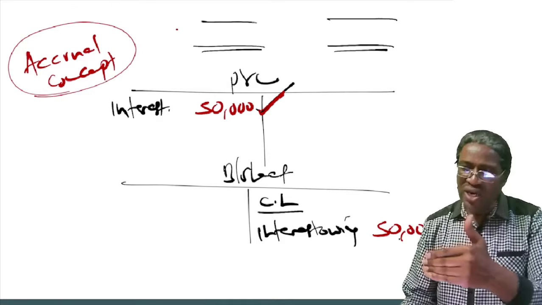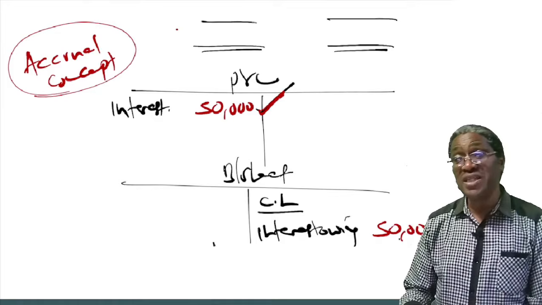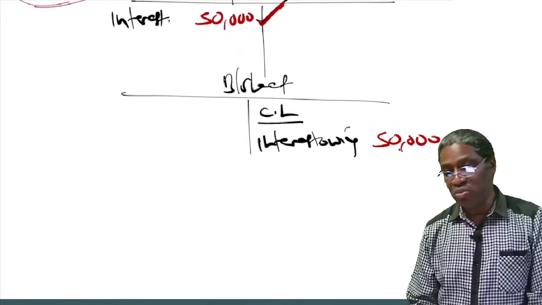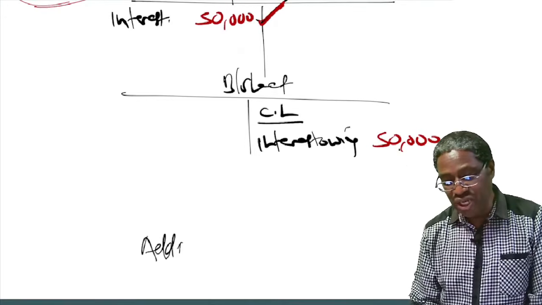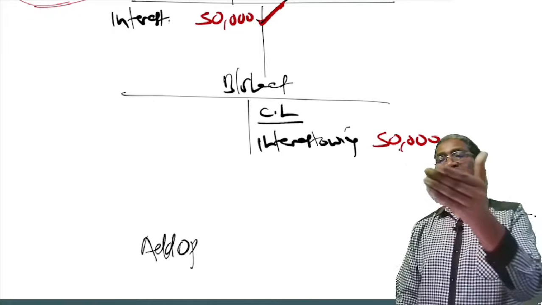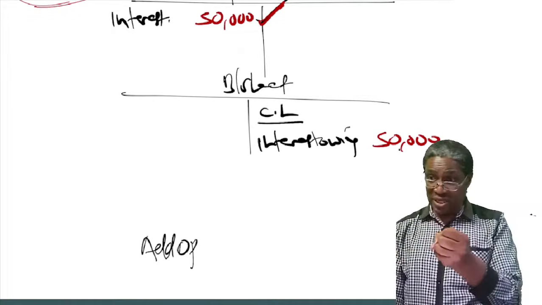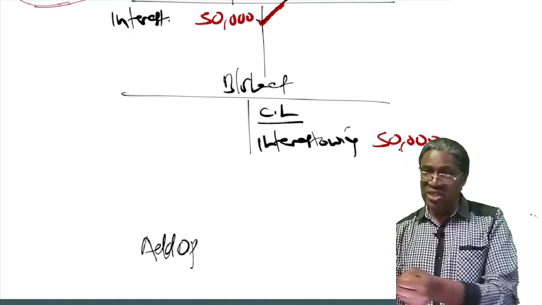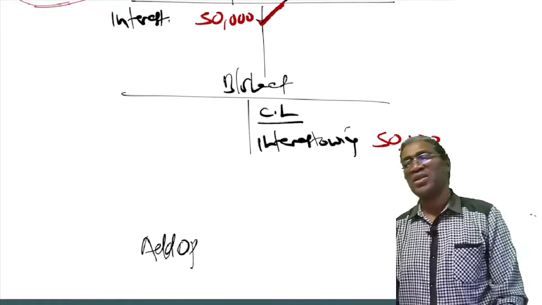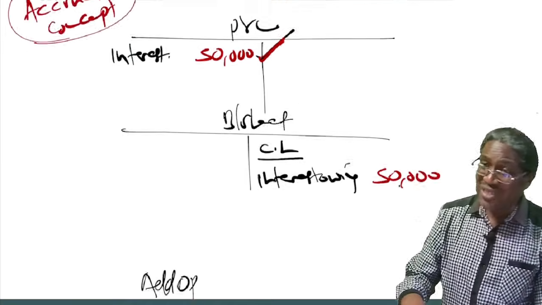So down there, that's where you will now bring in the cash. You go to the balance sheet of last year and pick the opening cash and cash equivalent. So for cash, it has its own place.